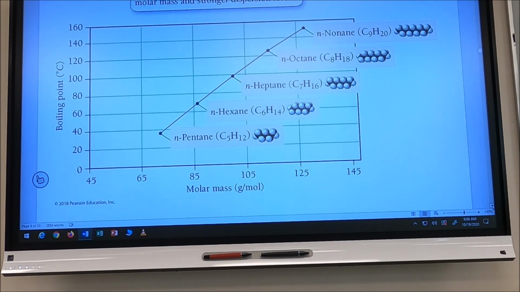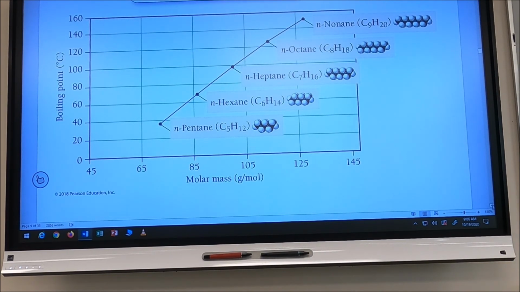Now, here's the boiling point for N-pentane, N-hexane, N-heptane, N-octane, N-nonane. They're getting longer. Notice that as they get longer, they have a higher boiling point because I've got more ability to spread out the electron cloud.